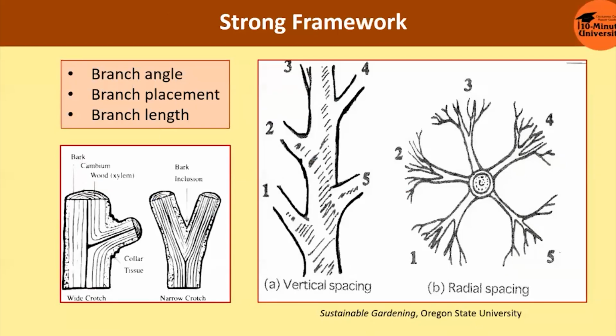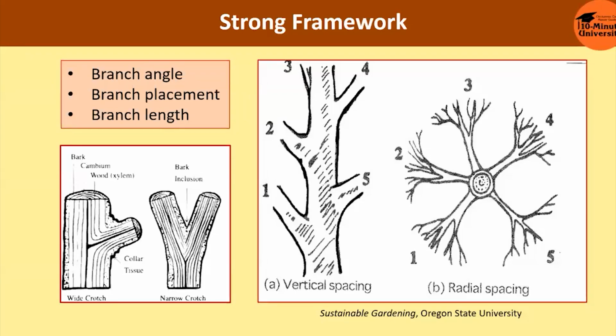We know fruit trees can live and produce for a long time, but in order to do that, they need a strong framework. So a strong framework can be judged by 3 factors: the branch placement, the branch angle, and the branch length. Well, let's look at each one of them.